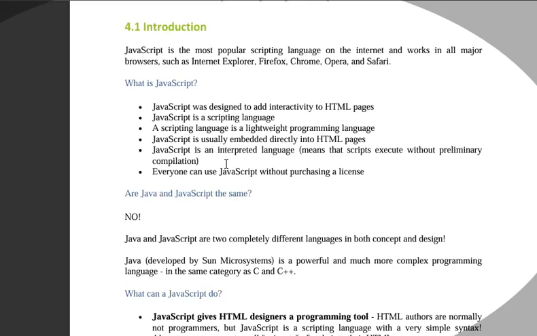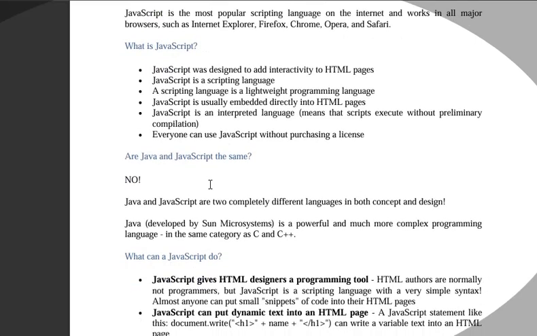JavaScript is an interpreted language, which means that scripts execute without preliminary compilation. There is no need for compilers to compile JavaScript; the browser interprets it. Everyone can use JavaScript without purchasing a license because it is open source.